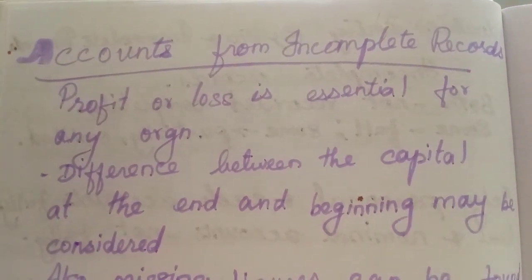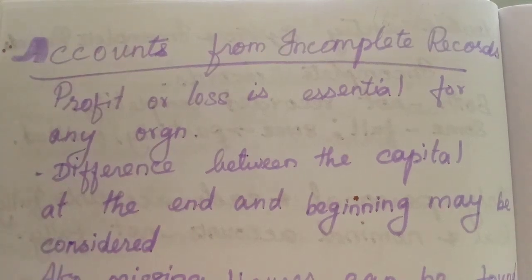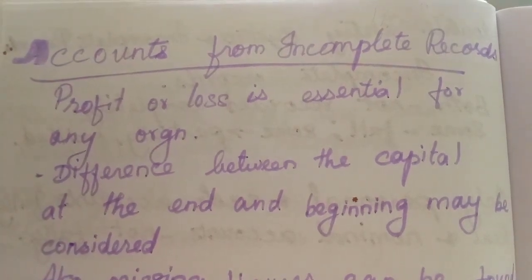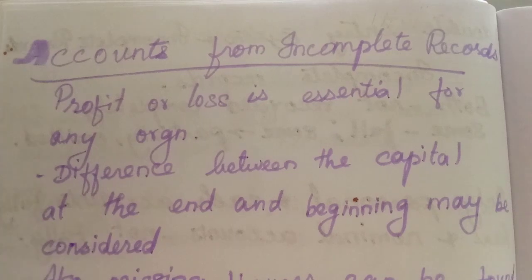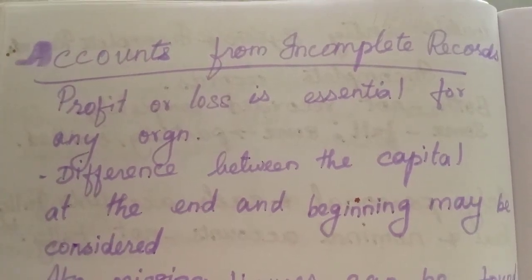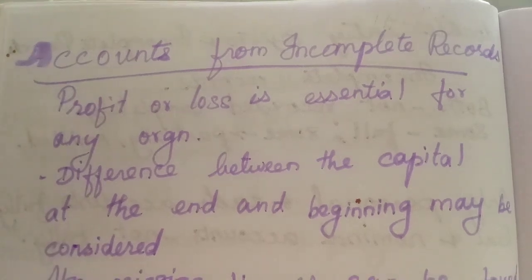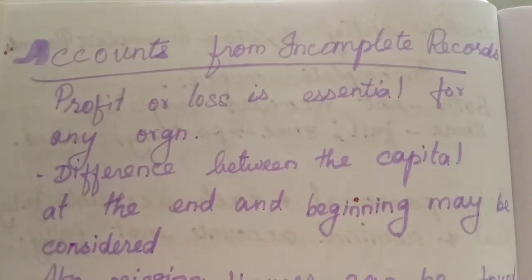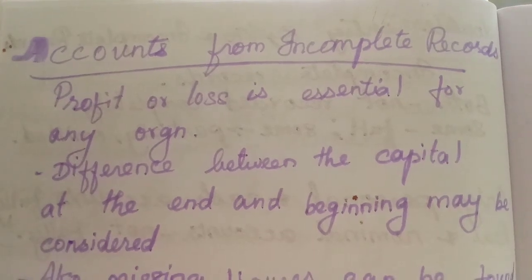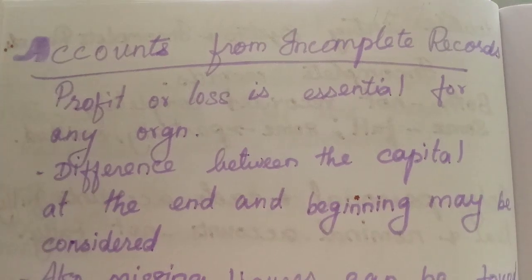Usually in incomplete records, the profit will be calculated by finding out the difference between the capital at the end and in the beginning, because any person may introduce his capital and work on it and earn some profit, and at the end of the year he will have more capital.